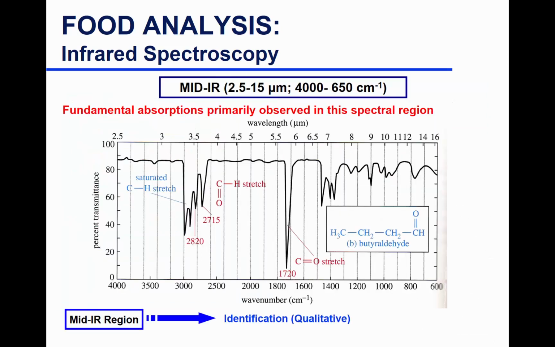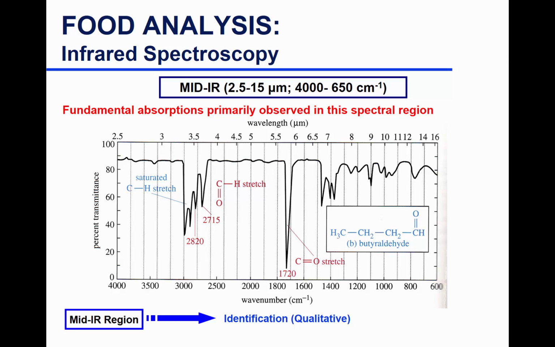So here's a very common spectra, a mid-IR spectra, and in this case it's butyraldehyde. What you can see here is that different bonds absorb light at different wave numbers.